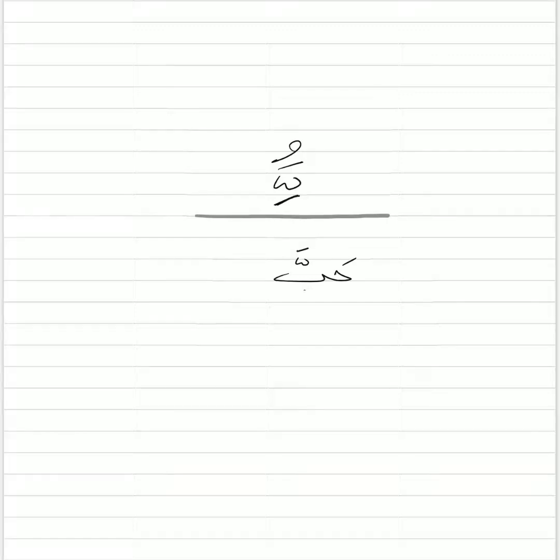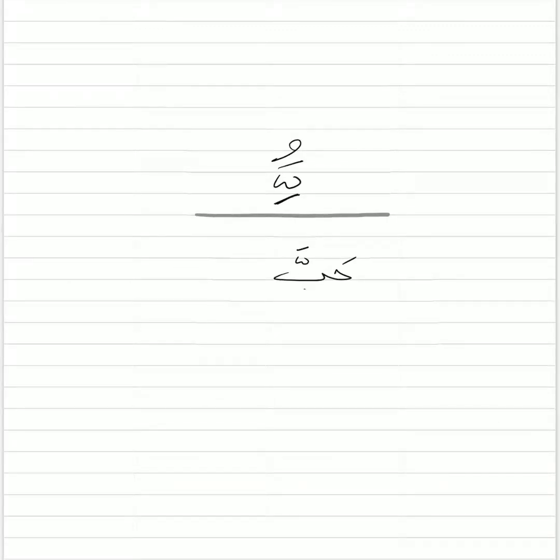How do you pronounce this ba? Really, this ba has a shaddah because there's actually two ba's hidden inside. The first ba is a sukoon, and the second ba is the fatha. So you would read it like this. Ha, get to the ba with a sukoon, so you hold it.